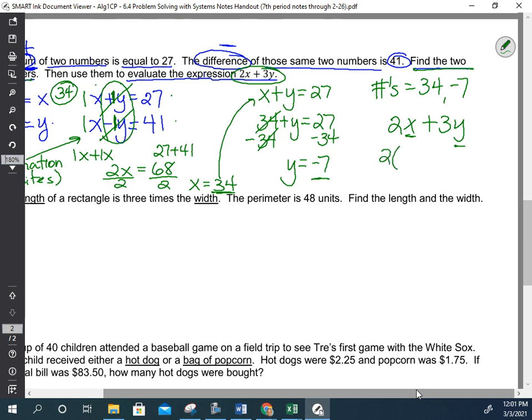So that means I get to plug it in. That should give you 68 minus 21. What does that give you? 47.